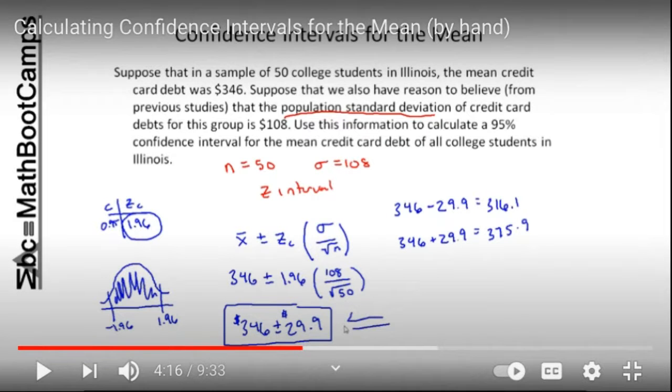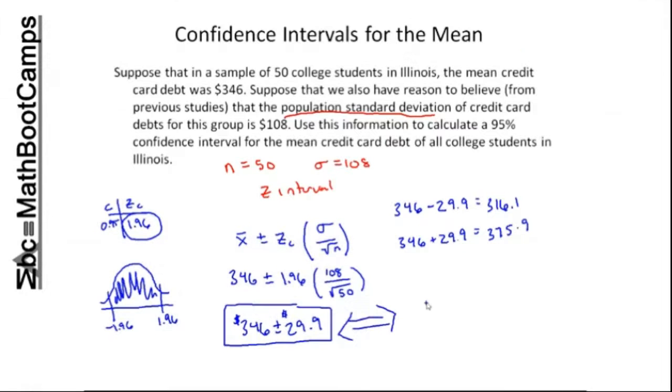Sorry to add, the 1.96 and the minus 1.96 are the 95% confidence limits from the right side and the left side, so they're equivalent. I could also write this confidence interval as 316.1 up to 375.9, and these are exactly the same thing.